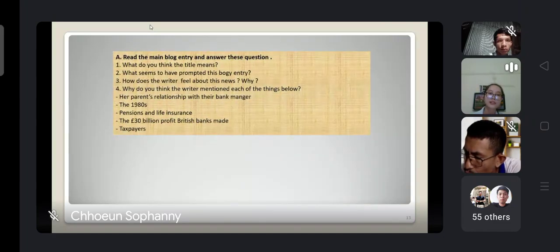Start with section A, related to the questions which I will take. The first one is: what do you think the title means? Based on my reading and my understanding, the first time I saw this title, it seemed like someone is laughing at the process of working at the bank.